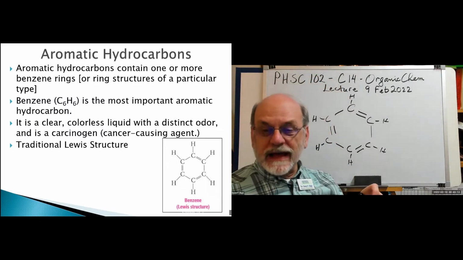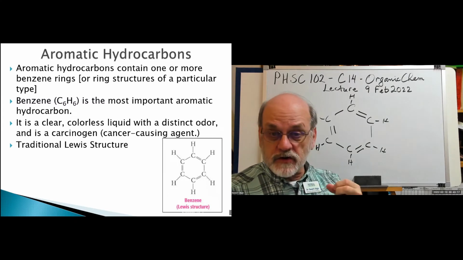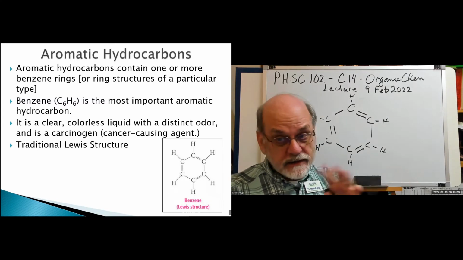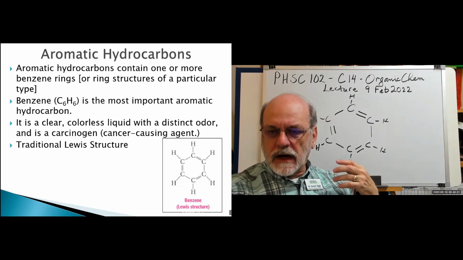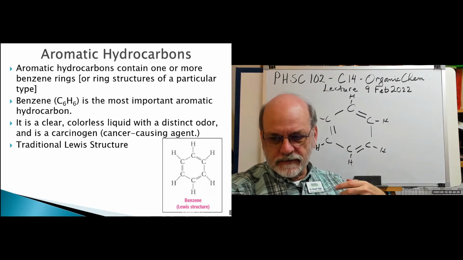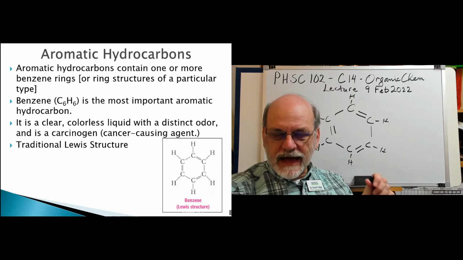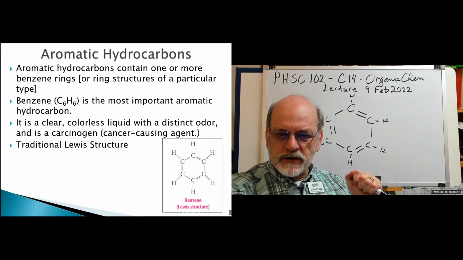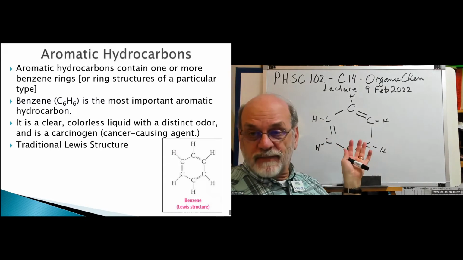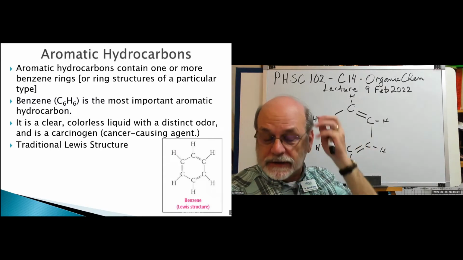These structures, this method of drawing structures, organic, inorganic, it doesn't matter, are named after G.N. Lewis. He was an American chemist, and he was looking for a way to simplify the representation of compounds and how they bond.